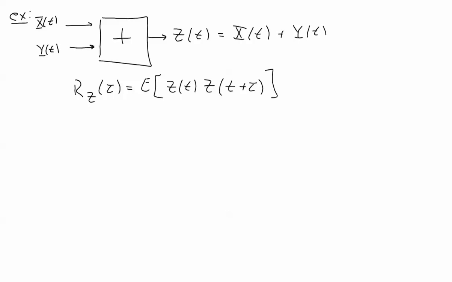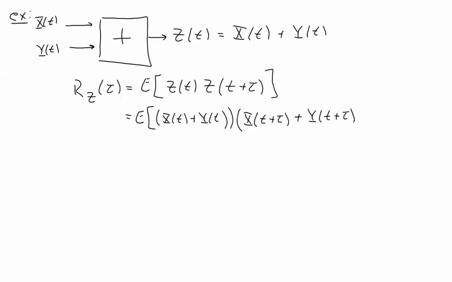That's the autocorrelation of the output. What's that look like? Well, let's plug in what Z is. This will be the autocorrelation of, just plug in what Z and Z of t plus tau look like.